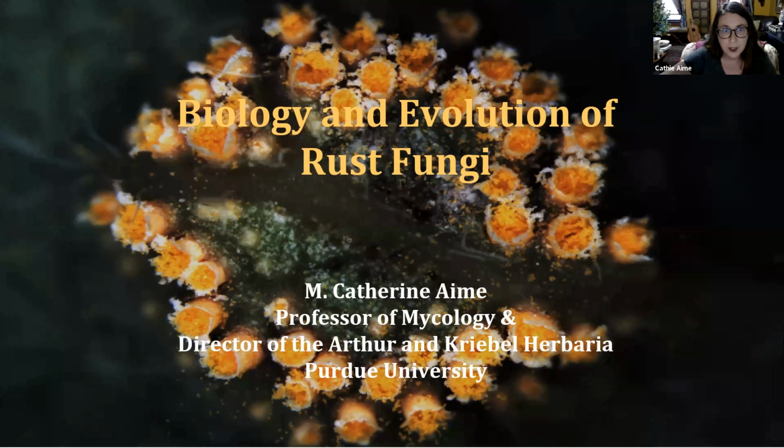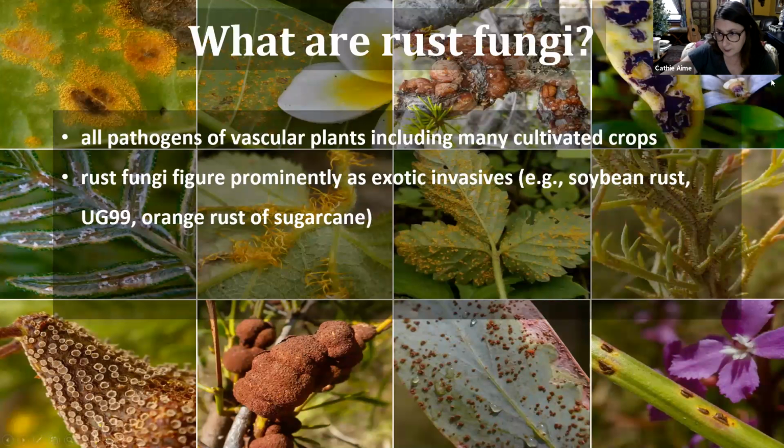But the rust fungi, you know, I started working with these fungi, oh gosh, probably about 20 years ago. And this is back when I used to work for the USDA. And the main reason I worked on them then was because they're really important plant pathogens.